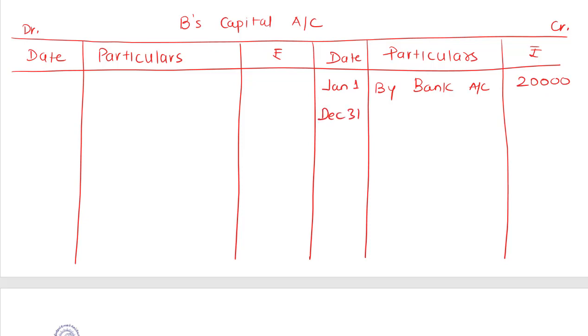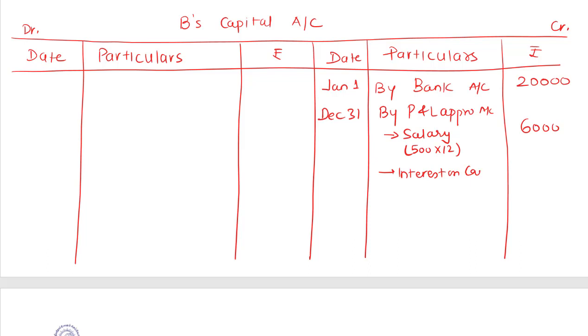Then on the last day of the year, 31st December, salary for the year, to profit and loss appropriation account, salary 500 per month multiplied by 12, so 6,000, and interest on capital, 20,000 multiplied by 6%, so 1,200.